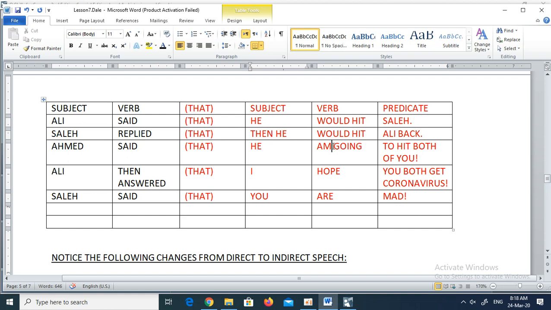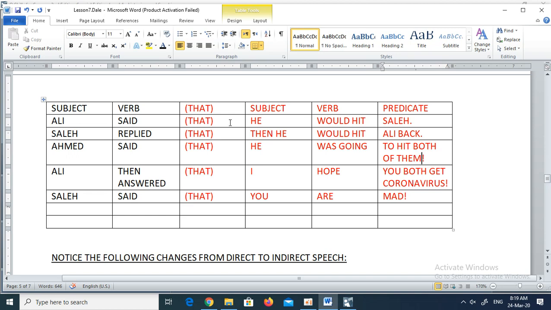Ahmed said, and the verb must go further into the past, that he was going to hit both of them. Remember, Ahmed is not there any longer. He has gone away. Ali has gone away. Sally has gone away. It is simply Ziad telling me Ahmed said that he was going to hit both of them.